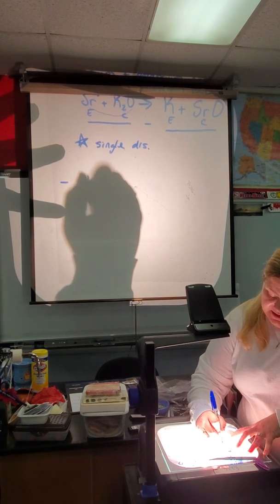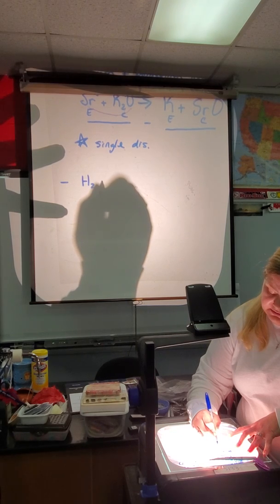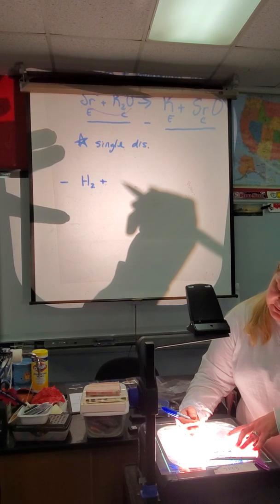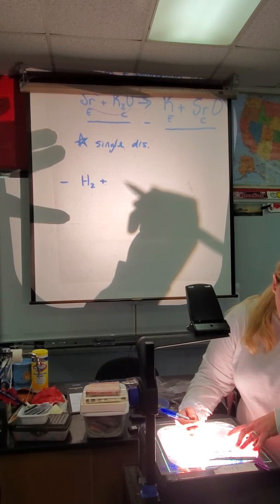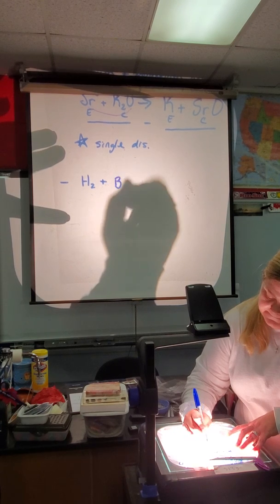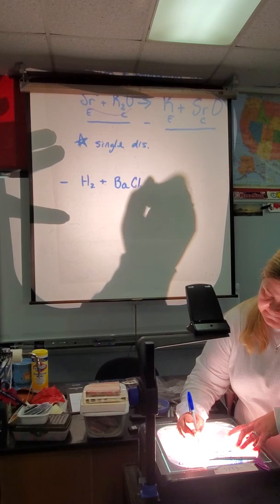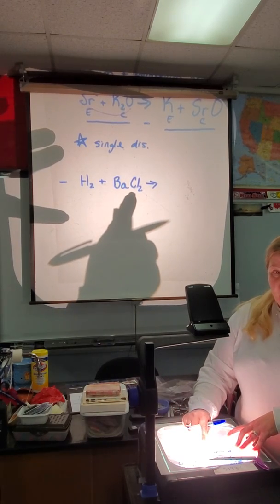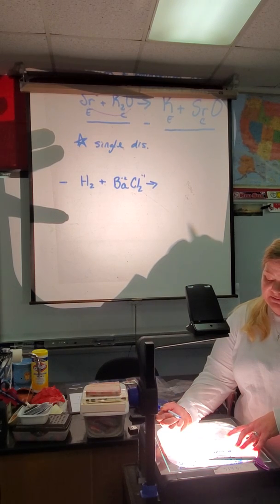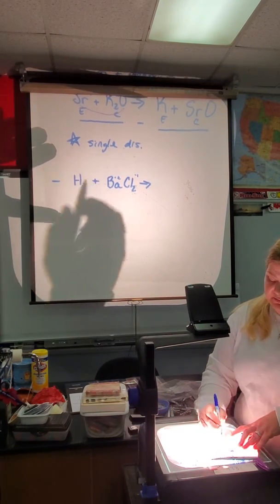We are going to write hydrogen plus barium chloride. Barium is +2, chlorine's -1. That 2 is written there because it's a diatomic.